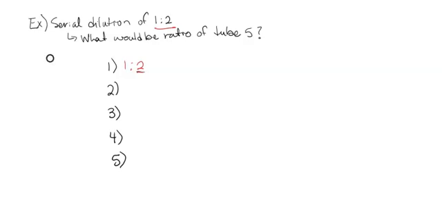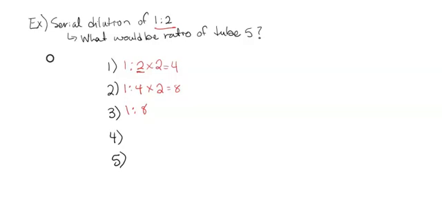So we multiply 2 times our dilution factor of 2 to get our ratio for tube 2. So tube 2 would be a ratio of 1 to 4. In order to get the ratio for tube 3, we again multiply by the dilution factor of 2. 2 times 4 is 8, so you can move that down.